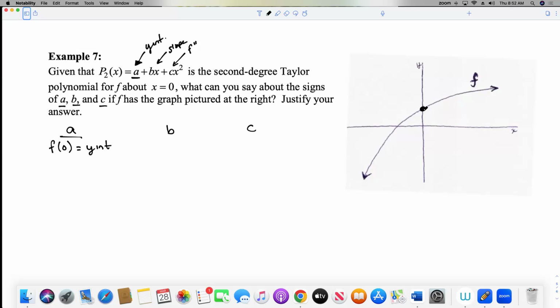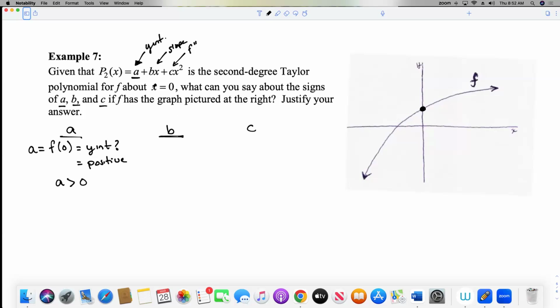And here, our y-intercept is positive, okay? So on this function, the y-intercept is positive. So because a comes from f of 0, that's the y-intercept, that's positive. So we can say that a is positive.